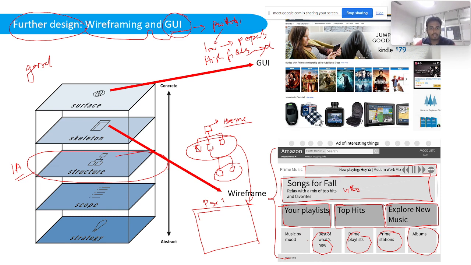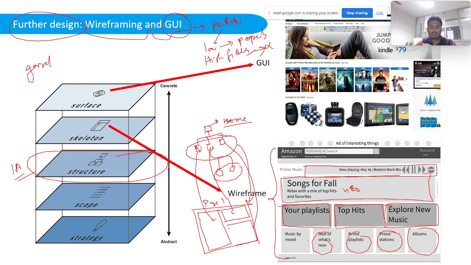Now based on the requirement or the content, we'll decide what the shape will be, or how much area we will need for that particular content. So for example, this can be the area for the first one for GUI, and this can be the area for the second one, and for the third one this can be the area.